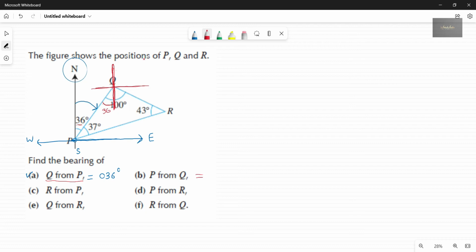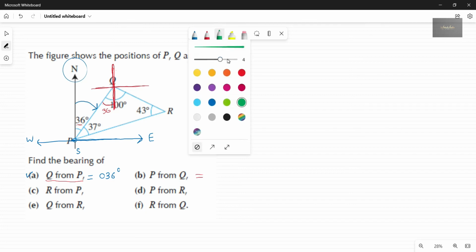And I need to find the bearing. So what I need to do, I have to draw this angle. It is 180 and then 36 degrees more. Again, look at the diagram. Let me increase the size so that it is visible.